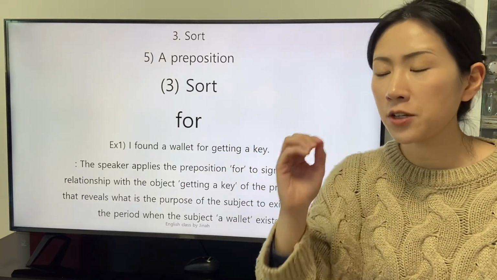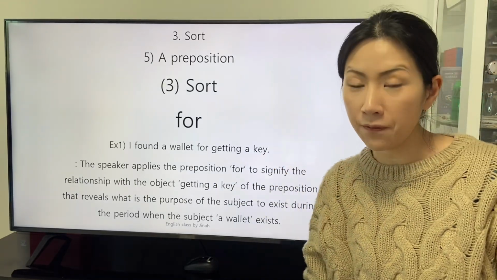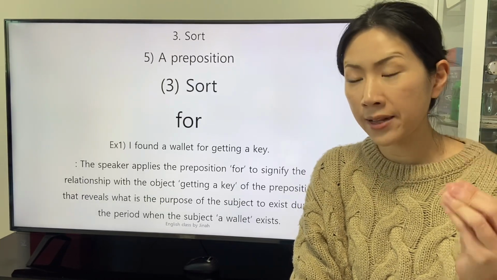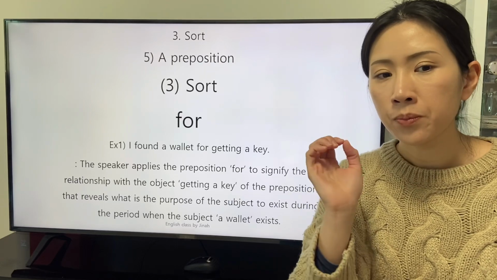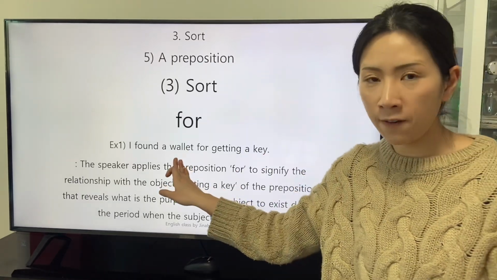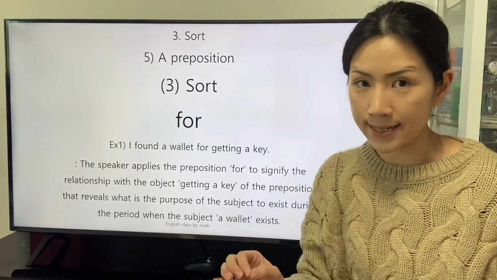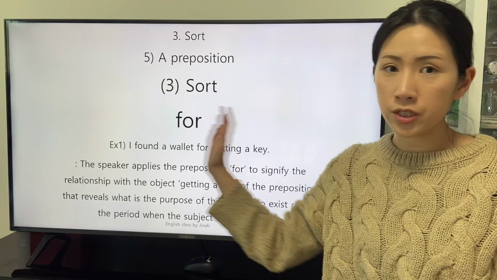The phrase of the gerund, getting a key, as the object of the preposition for, is the purpose that is valid while the period when the subject of the preposition a wallet exists. Then we can think of the condition.